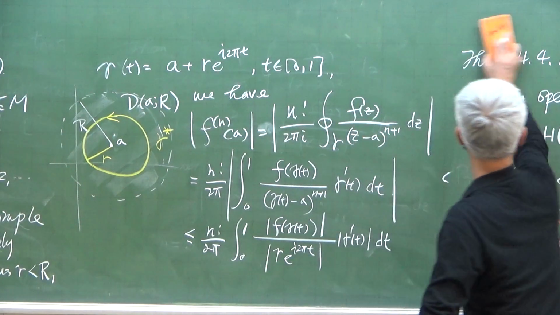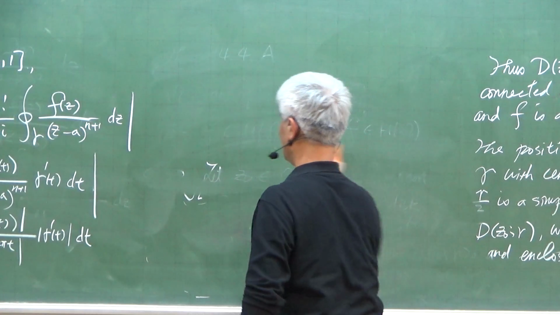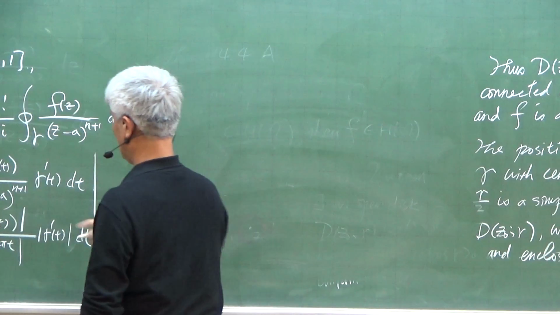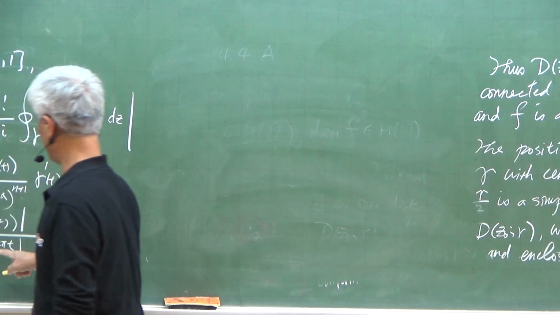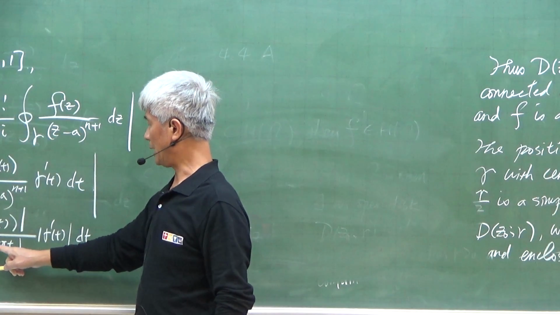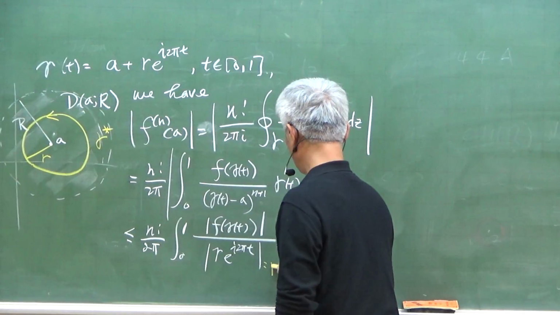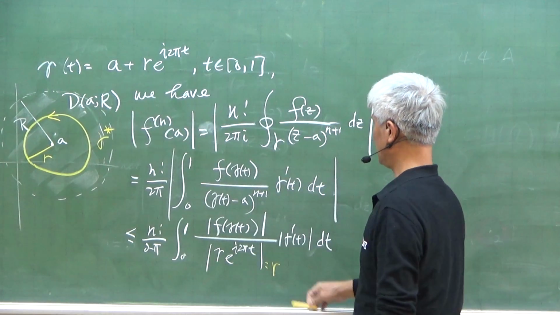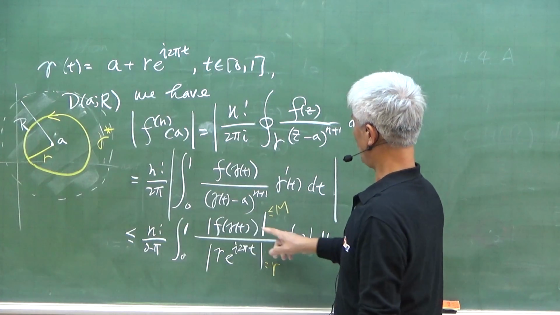Now, the denominator: because the exponential e to the i 2 pi t has absolute value 1, we know this is equal to r to the n plus 1. But the numerator is less than or equal to M. Why?